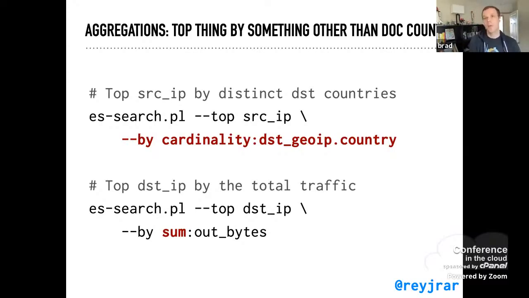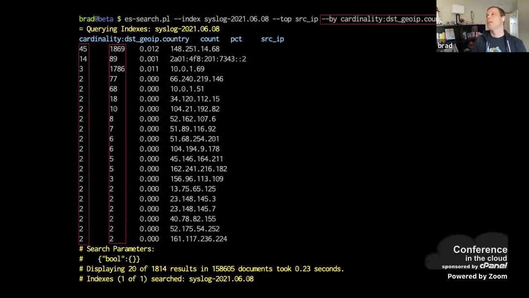So we can also use sum, min, max, median, and another example here of using sum with the amount of data. So here we have the cardinality of the destination GeoIP country, and we can see that the top result has hit 45 countries in 1,800 documents.